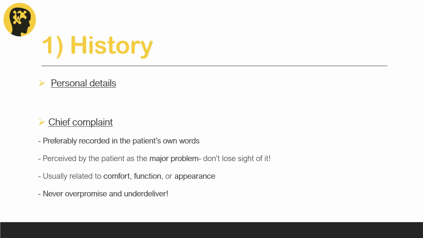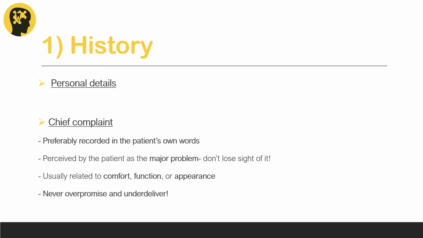Now, chief complaint is usually related to comfort. For example, the patient may have pain or swelling, or it can be something that's related to function, like inability to chew food or speak properly, or a general dissatisfaction about appearance. Whatever it is, it's important to explore it in greater depth.